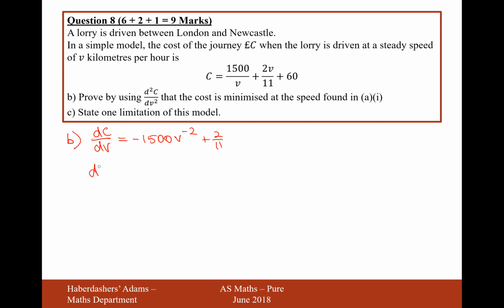So differentiate it again, d squared C by dv squared, and that will give us plus 3,000 v to the minus 3, and then I need to plug in my value for v, which is going to be 90.8, and let's do that. 3,000 divided by 90.8 to the power of 3, and that would give us a very, very small but positive value, positive 0.0004.